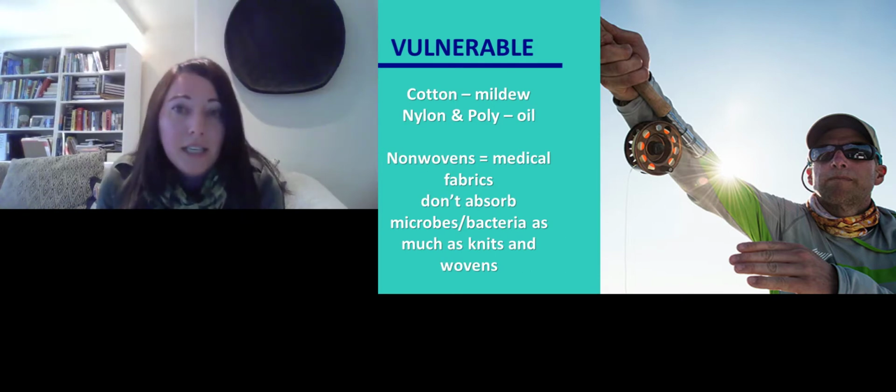And as we know, cotton is hydrophilic, so that means it loves water. And what does water do when it sits in an environment for too long? It develops mildew. And that is also true for other cellulosic and natural fibers. Now, nylon and polyester are oleophilic, so they are more susceptible to oily bacterial buildup.